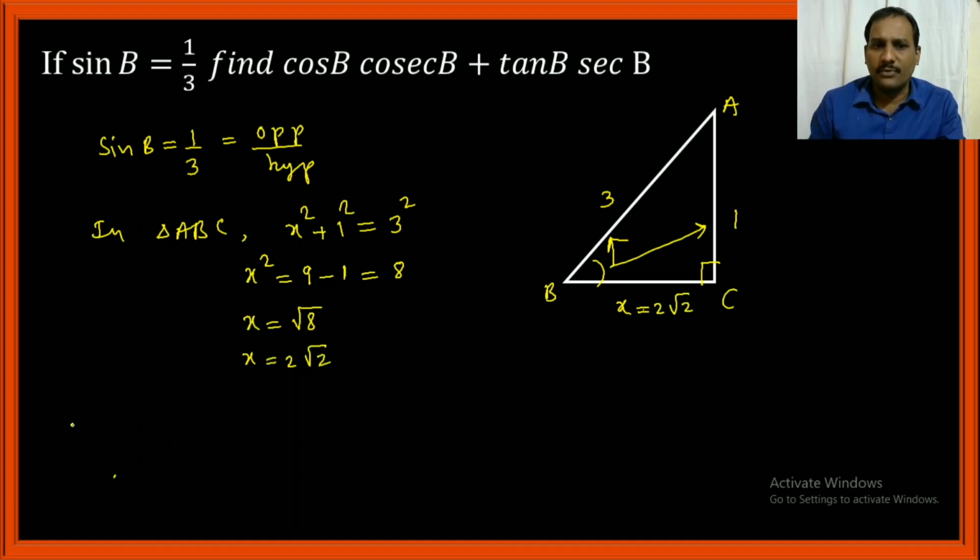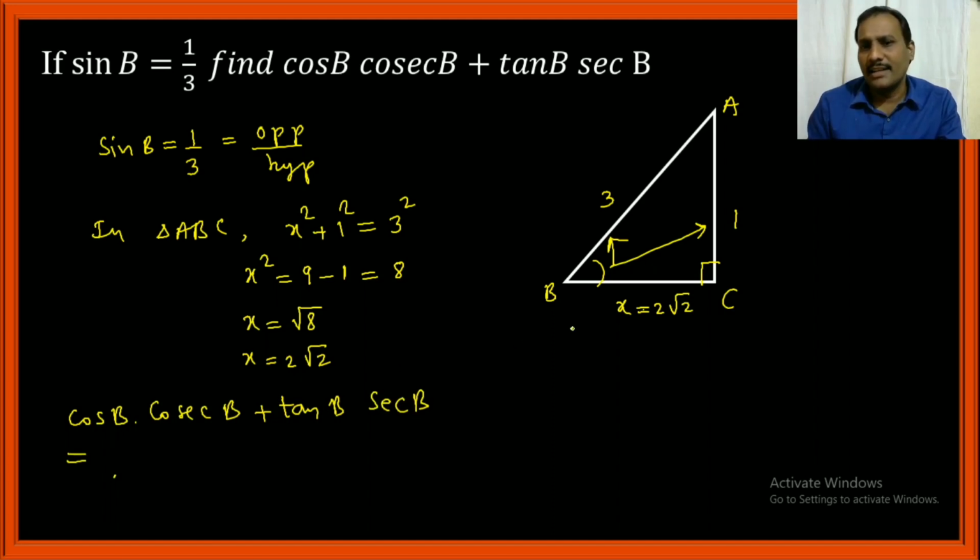Now let us define those problems. Cos b into cosecant b plus tan b secant b. We have to find the value of this. Cos b is defined as adjacent by hypotenuse, that is 2 root 2 by 3. Cosecant b is nothing but the reciprocal of sin b.